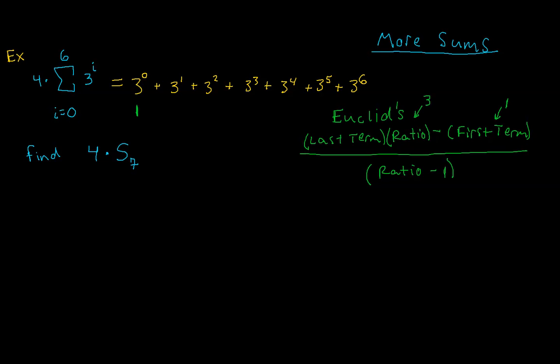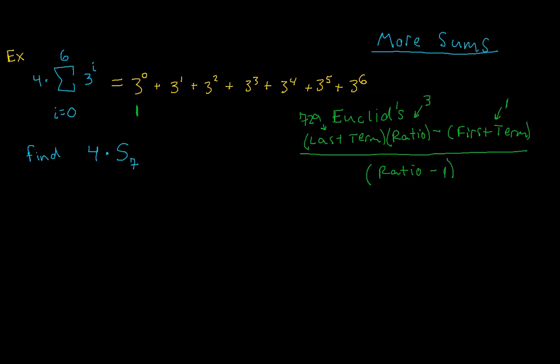And then the last term is whatever 3 to the power of 6 is. Just be careful, 3 to the power of 6 is not 18. We're doing 3 times 3 times 3, 6 times, and that is going to be 729. You might need a calculator to do that, and that's fine. So the last term I'm plugging in is 729.